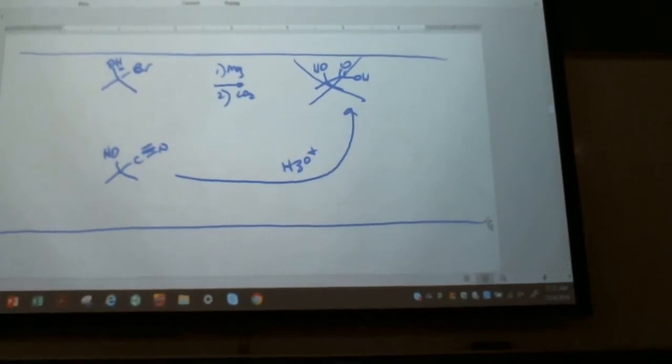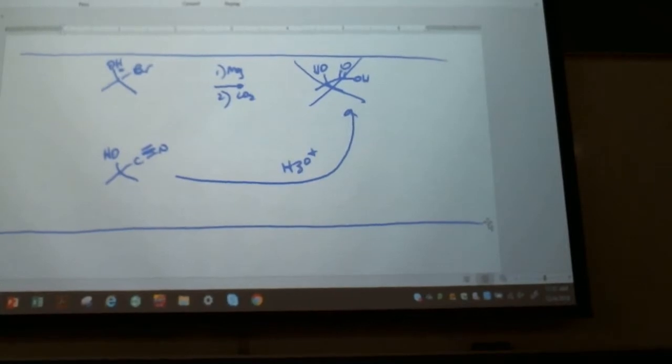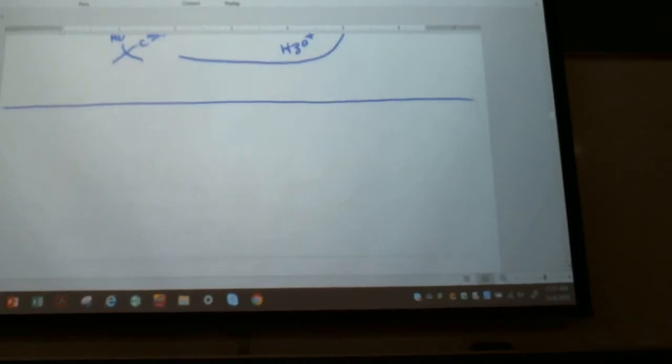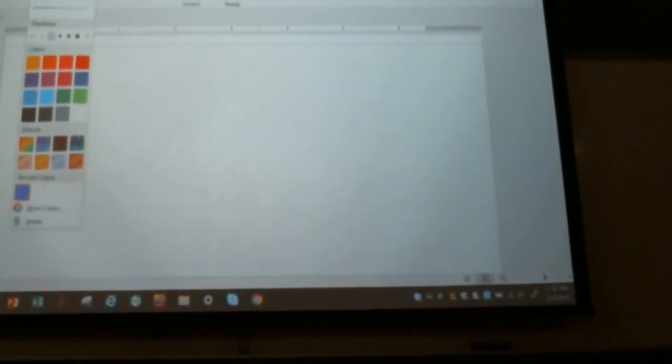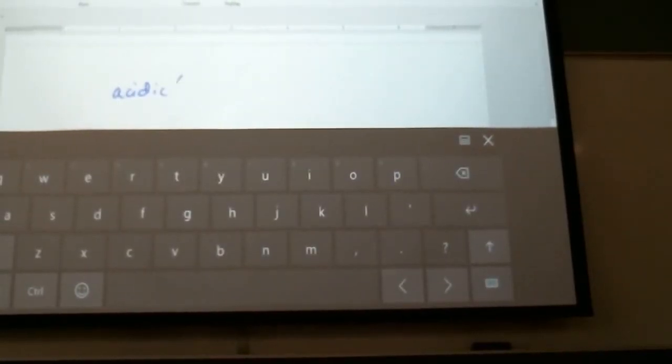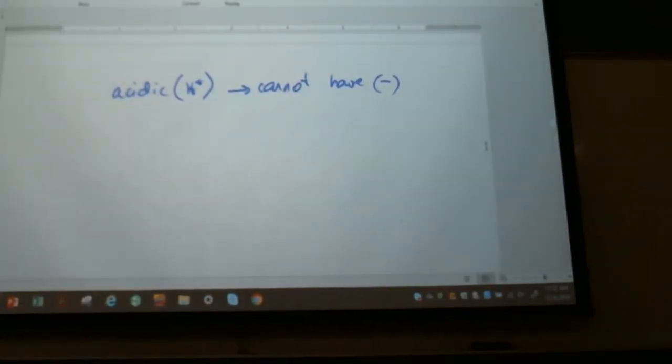On exam 3B, number 2. Oh, the negative. Yeah, okay. So, I'm not going to ask you to do a mechanism of it, but if you are under acidic conditions, you cannot have negative charges at any point in time, because they're just going to react with the acid.